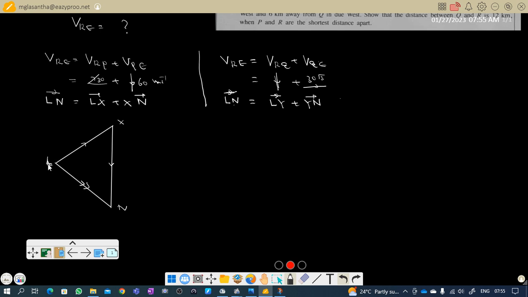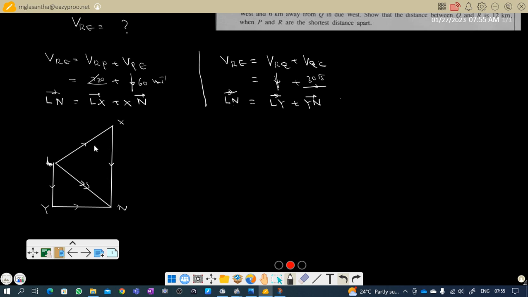Now take the other triangle, LYN, the other velocity triangle, and draw it in the same diagram like this. So you can draw two triangles in the same diagram.